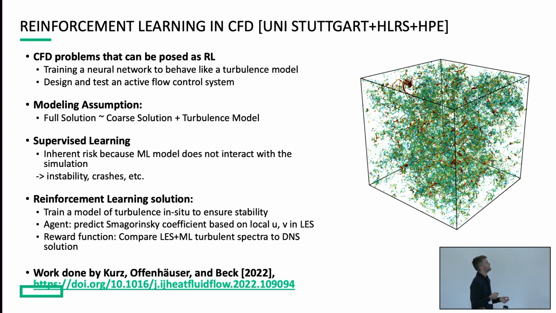So what I do, I separate the full solution into a coarse solution plus some turbulence model representing what's happening at the finest scales. This is an approach which has already been implemented. So the turbulence model can be whatever you think it can be. In some cases, it's usually a parameterized model, for example, the so-called Smagorinsky coefficient.